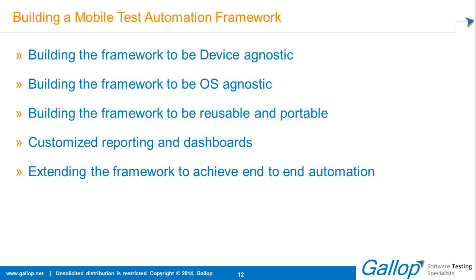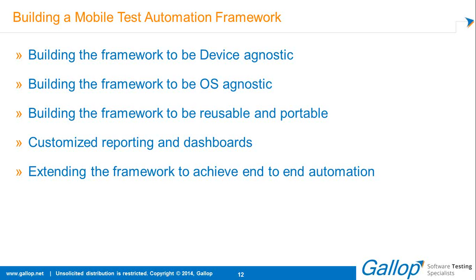And then for companies which are not mobile first but are expanding into the mobile market, they already have a proven product on the web, and now they are expanding into the mobile market to capture more customer base. They would need an automation framework that helps them automate end-to-end.